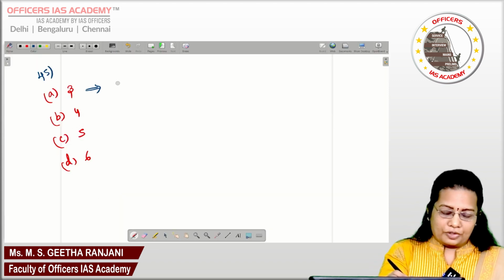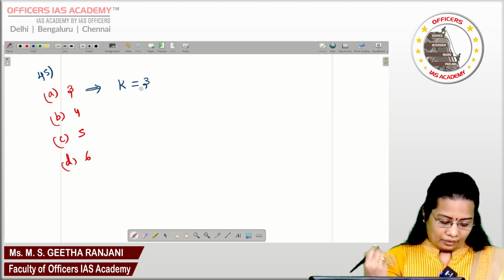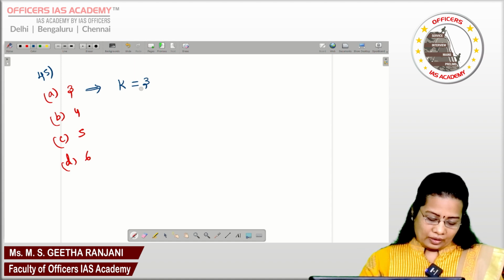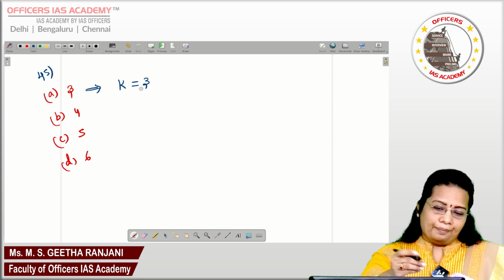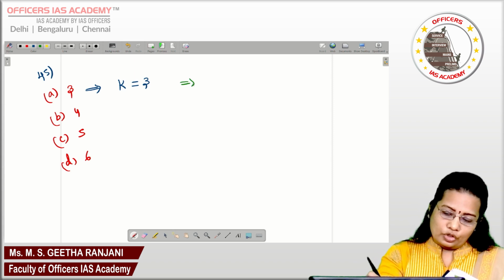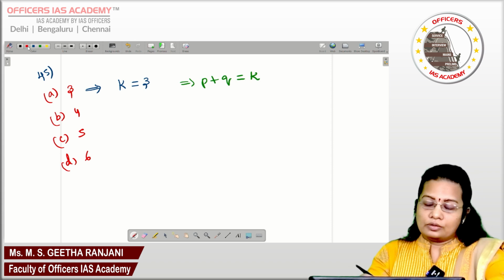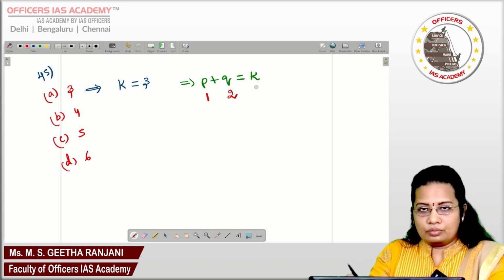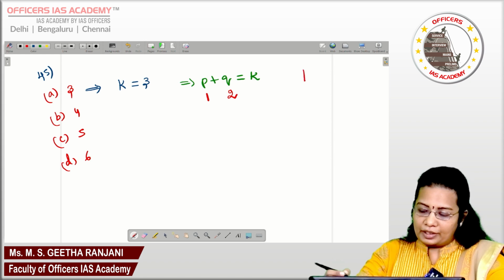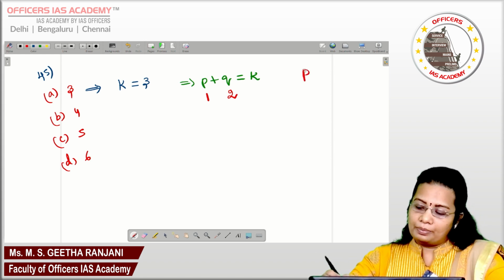According to option A, K is equal to 3. So also given P plus Q which is equal to K. So the point is when P is 1 and Q is 2, it is possible. And at the same time, the condition given here, P must be less than Q.